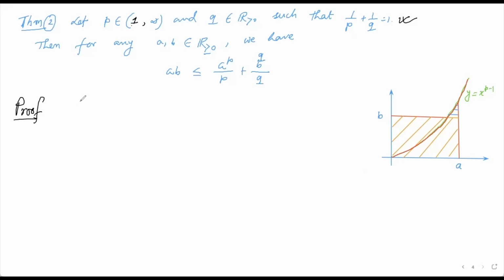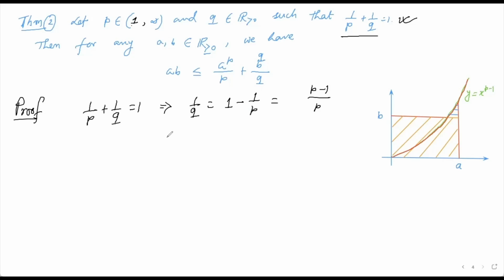Let us consider the given equation, 1 over p plus 1 over q equal to 1. This implies 1 over q is equal to 1 minus 1 over p, and this is equal to (p minus 1) over p.